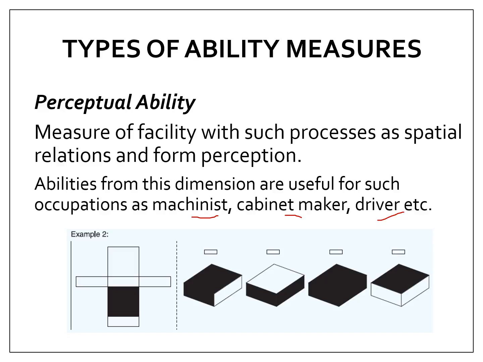Or, say, you work in a job wherein you'll be required to go around the town and they need someone who will not easily get lost. So that's spatial relations and visual perception. So that's another knowledge that can be tapped in psychological testing in a company.